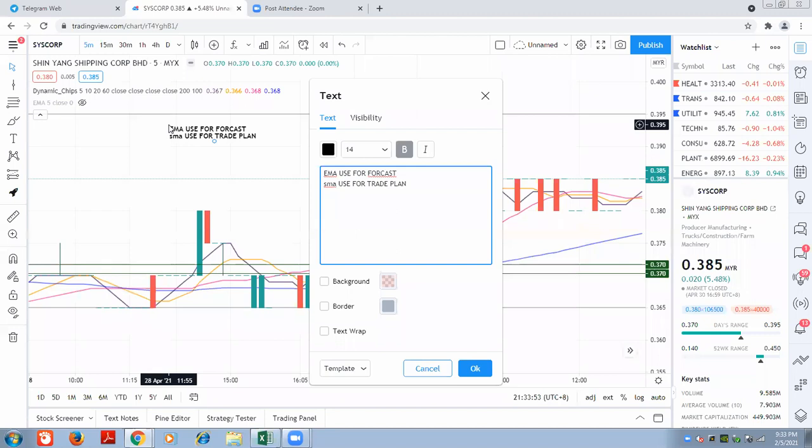Let's say you want to do intraday, you use the SMA. If you want to do forecasting, you use the EMA. So EMA will give a better sign, a better forecast that the price will have a certain change of trend.